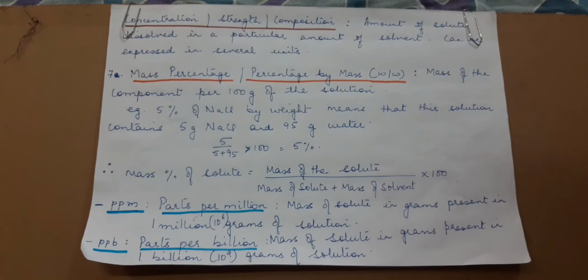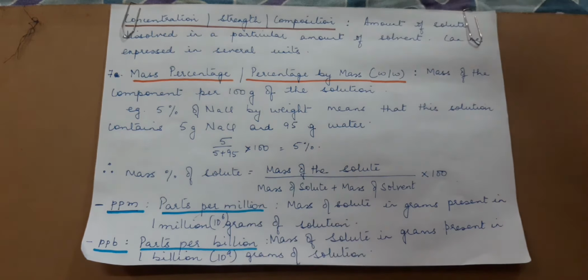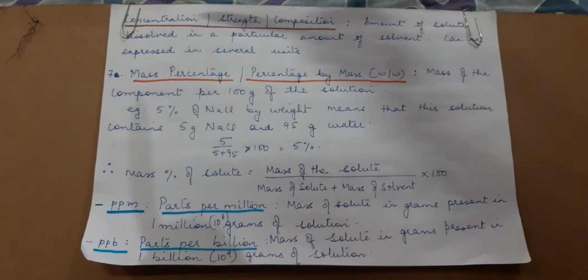Now we come to the next term, that is the concentration. So we are first going across the different terms that we are going to use for volumetric. Okay, we are coming to one very important term, the concentration, also called the strength of a solution or the composition of a solution. More often we don't use composition, we generally go with concentration and strength.